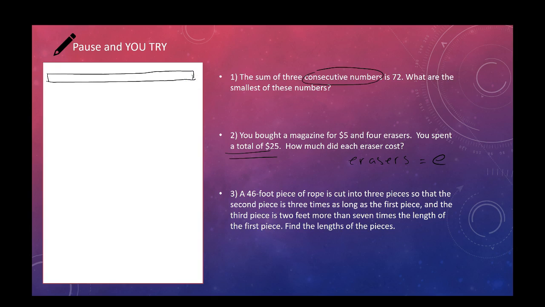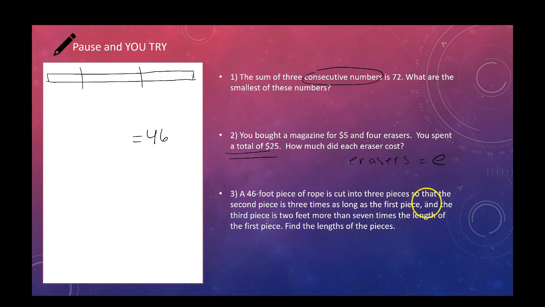So let's act like that's my rope. And it's cut into 3 pieces. It doesn't matter the size, it's just for a visual. So this whole piece of rope is going to equal 46, because that's what it says, a 46-foot piece of rope. So grand total 46 feet.